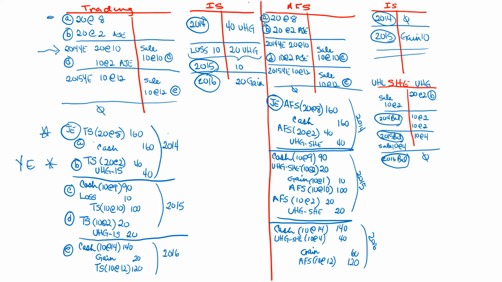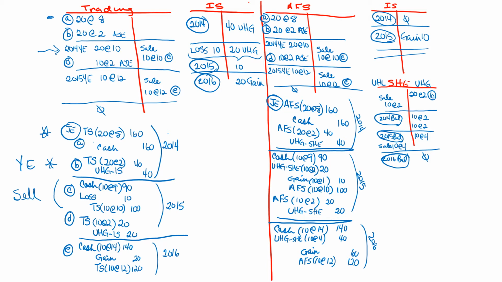Sun goes down, sun comes up. It is now the second year, and we sell 10 of the shares at $9 a share. So when we make that sale, we're going to debit cash for 10 shares at $9.